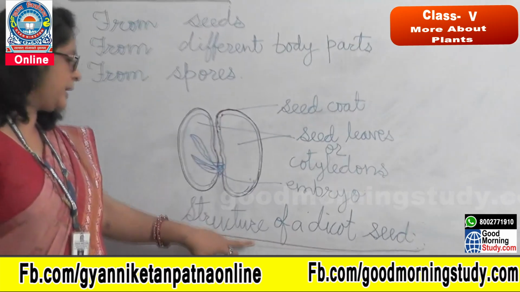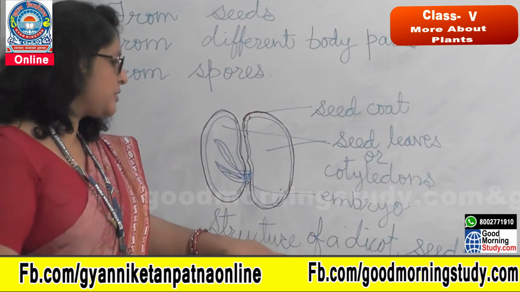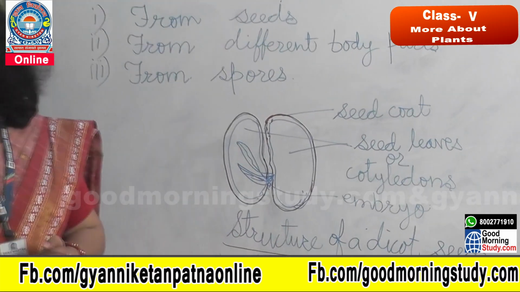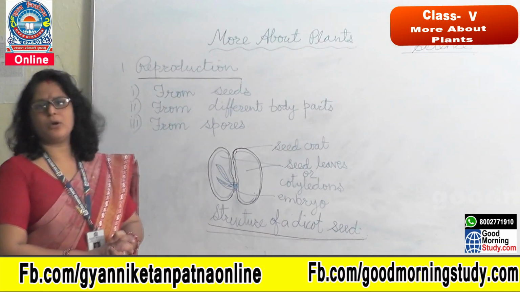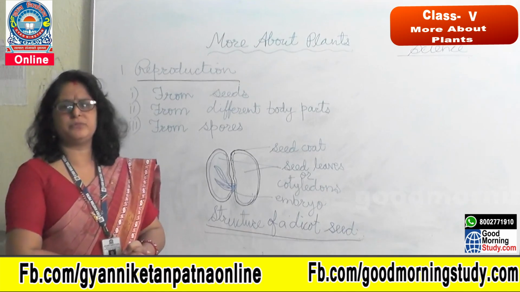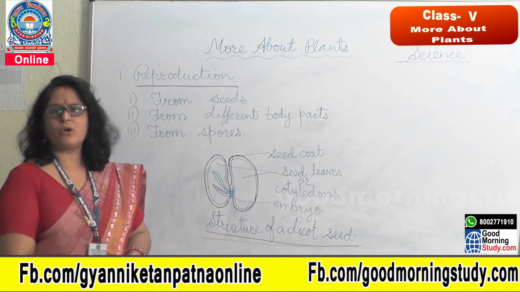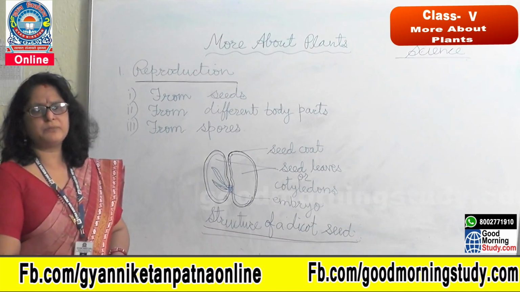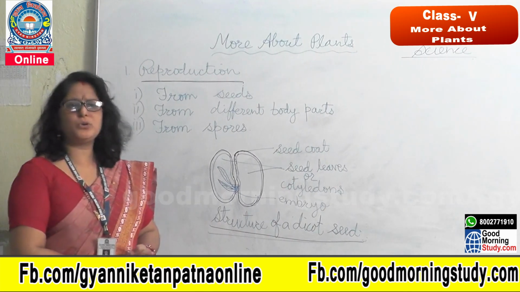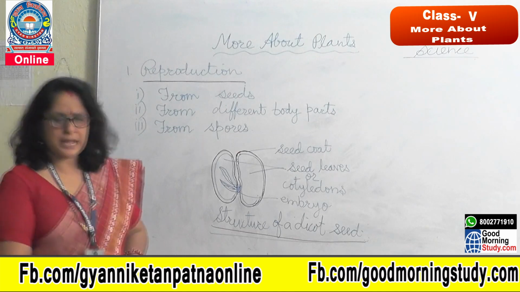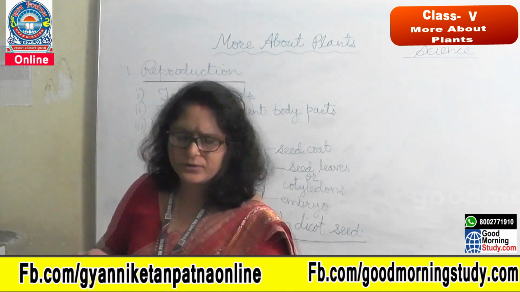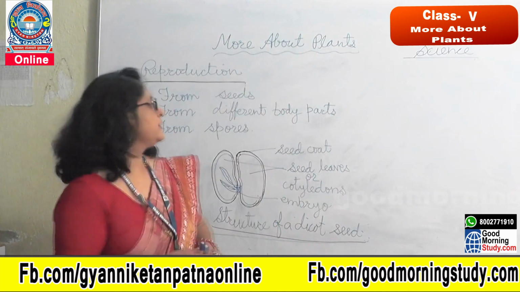Here I have written, structure of a dicot seed. What is dicot? On the basis of the number of seed leaves, seeds are divided into two types, monocot seed and dicot seed.